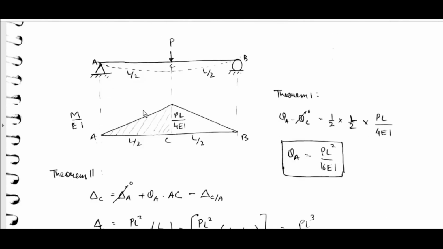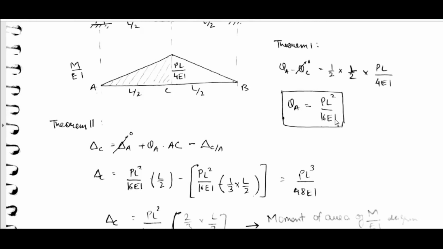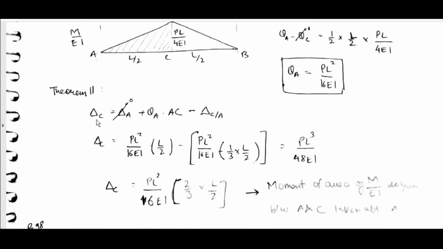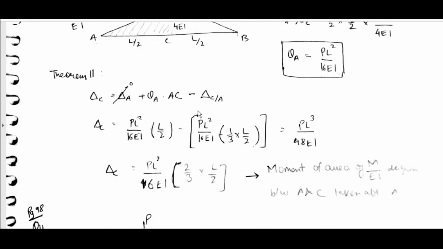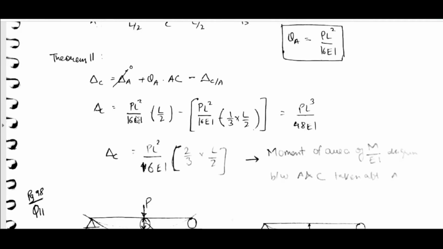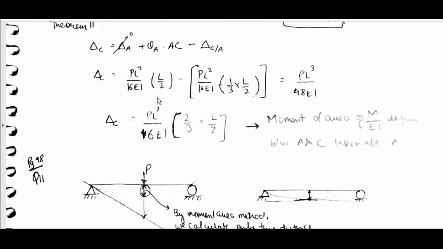For P, it will be a linear M by EI diagram only. PL by 4EI is the highest value. Theta A minus theta C is equal to half into L by 2 into PL by 4EI, so theta A is equal to PL square by 16EI. Theorem 2: delta C is equal to delta A plus theta A into AC minus delta C by A. Delta C is equal to PL square by 16EI into L by 2 minus PL square by 16EI into 1 by 3 into L by 2, which is equal to PL cube by 48EI.